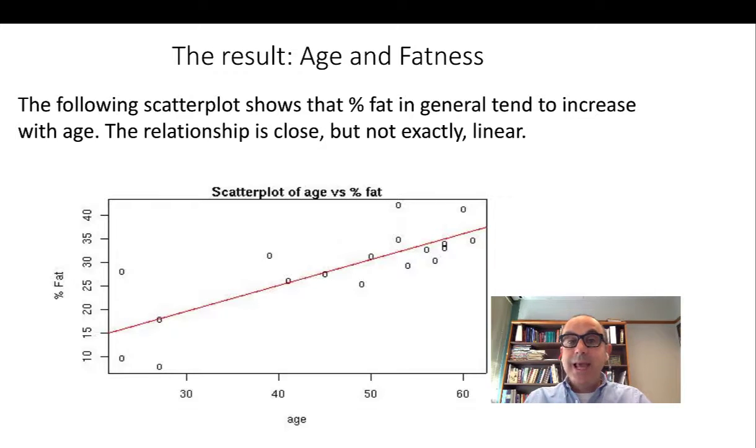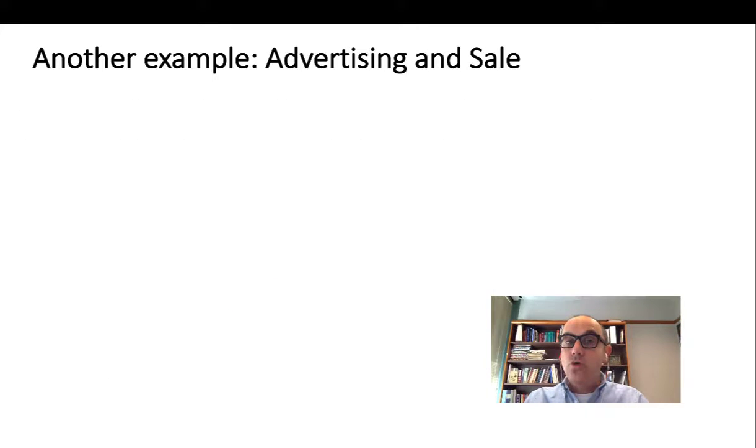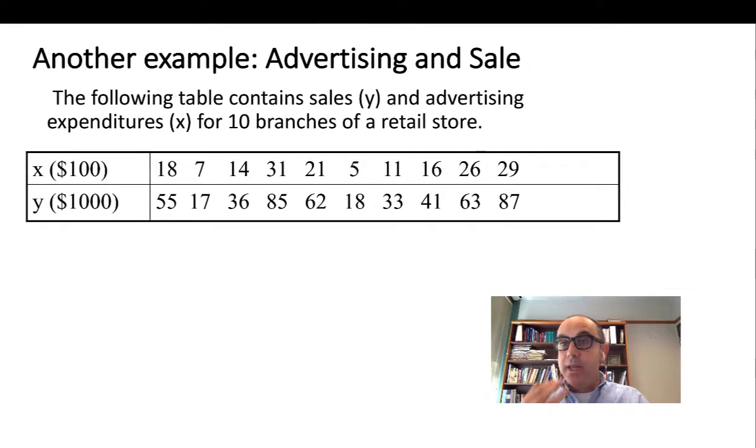So this is the idea of going out of our room, measuring actual people, and seeing if this assumption is actually true. The scatter plot allows us to see whether it is true in the data that we collected.